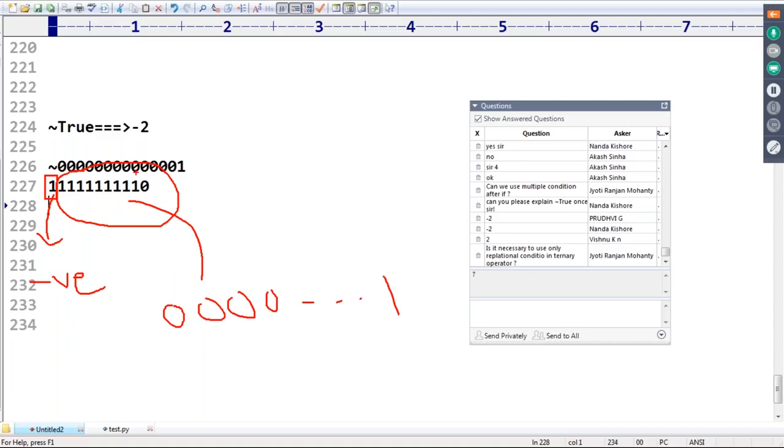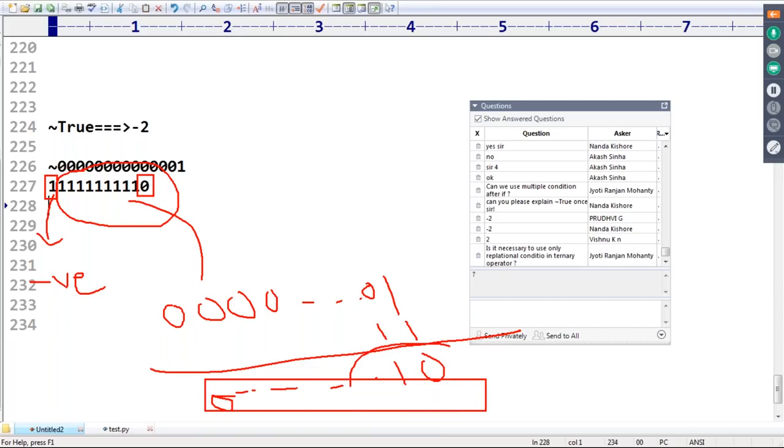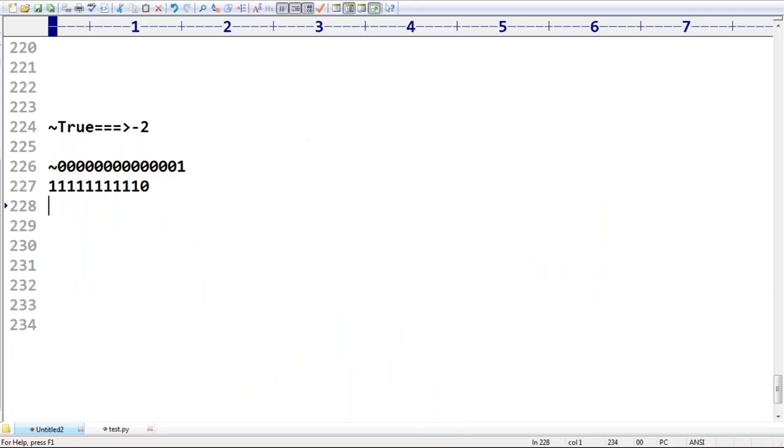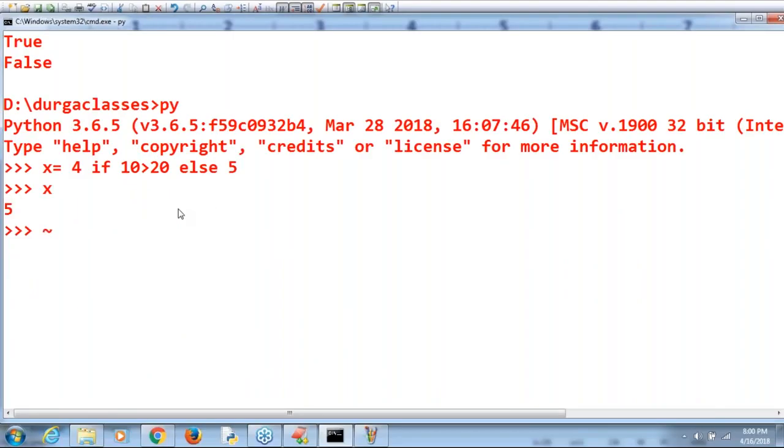Next, add 1 to it. Already a 0 is there, and 0 plus 1 is 1. We are going to get 1 0, which means 2, and since it is already negative, -2 itself is the answer. Yes, Nanda Kishore. Let me cross check. The negation of true is -2.